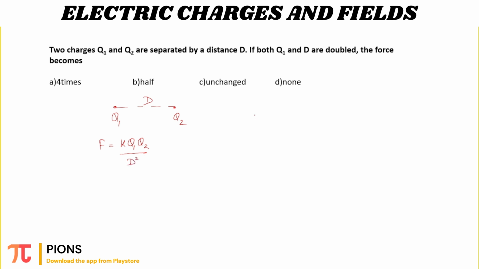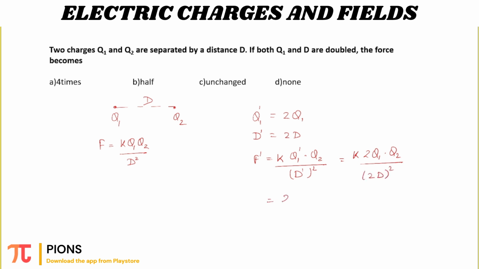Now when Q1 is doubled, the new Q1, Q1 dash, will be equal to twice of Q1, and the new separation D dash is twice of D. So the new force F dash will be equal to K into the new charge on Q1 into Q2, which is still the same, whole divided by D dash whole square. Let's substitute the values. So this will be K into 2Q1 into Q2 whole divided by twice of D whole square.